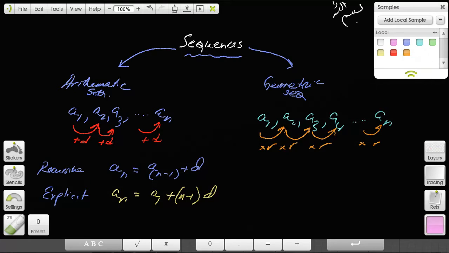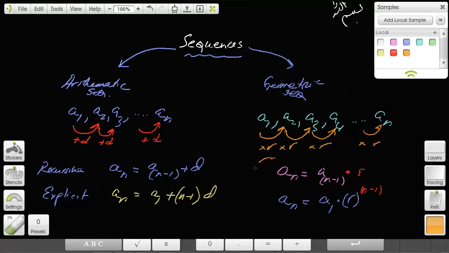Now the recursive rule for a geometric sequence is you take the term before it and multiply by the common ratio. Whereas the explicit rule for a geometric sequence was a sub 1 times r, the common ratio, to the n minus 1 power.